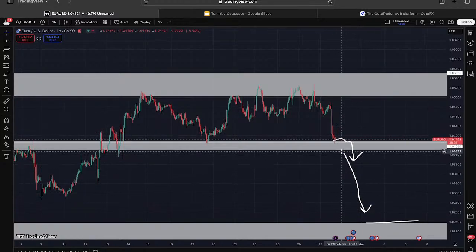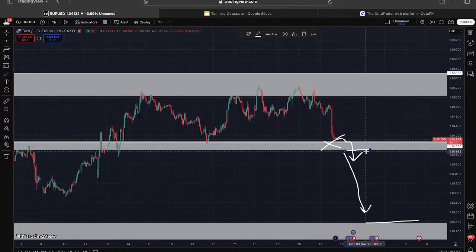Okay, so what we are looking to do at this level is to sell. You can sell once price enters into the support zone. You can sell once price breaks out of the support zone. If you are waiting for confirmation, you are waiting to see price break out of the support zone.